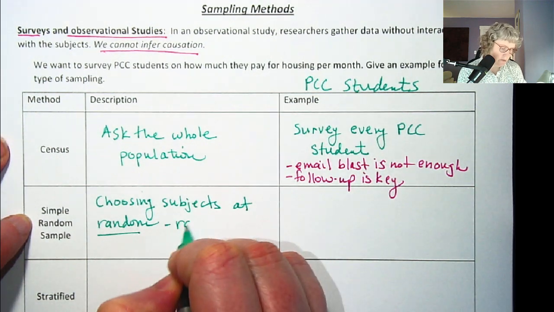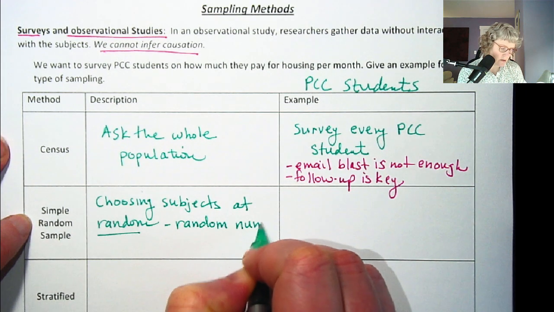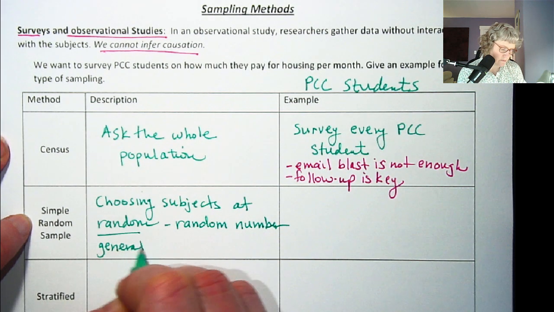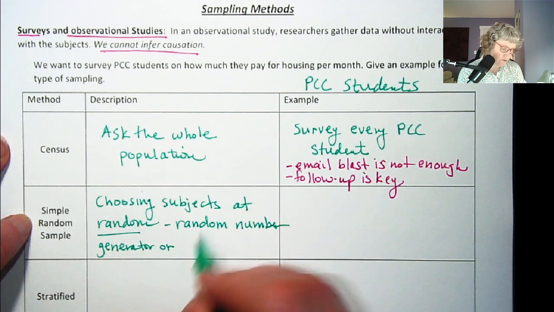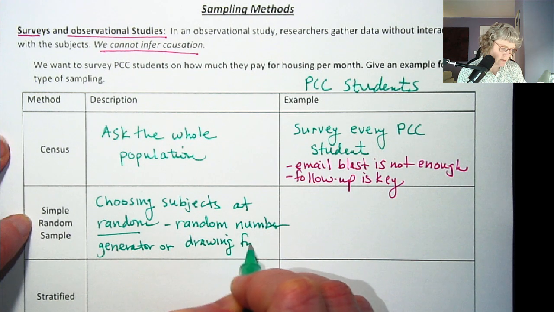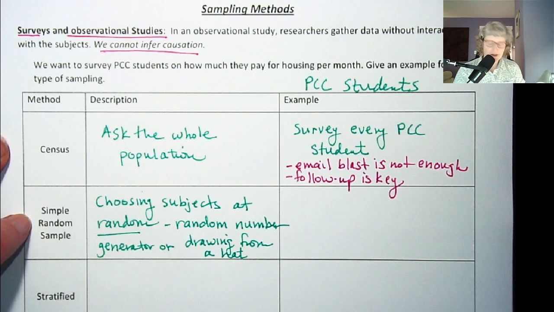So we could say random number generator, or drawing from a hat, or a box, anything like that.